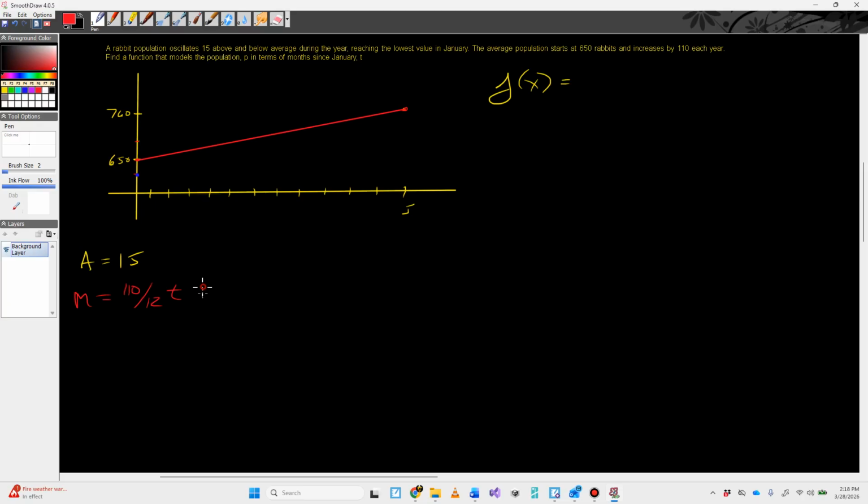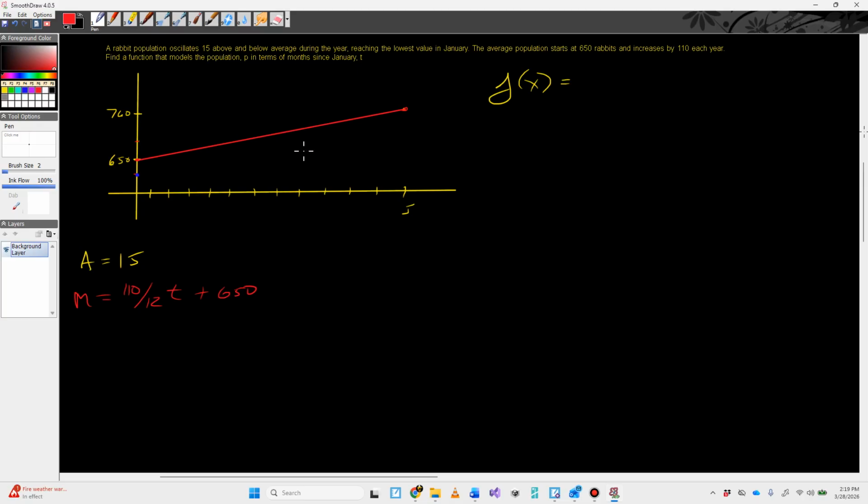And interestingly enough, that midline could be defined in this way: 110 divided by 12 times t plus 650. Because that's a linear function. So that becomes my midline. And that's a possibility. I suppose these things can be as complicated as they need to be. But that defines what my midline is.